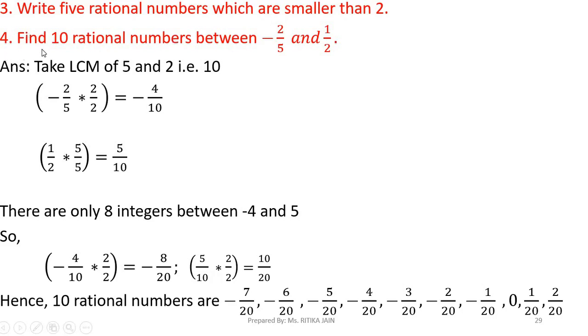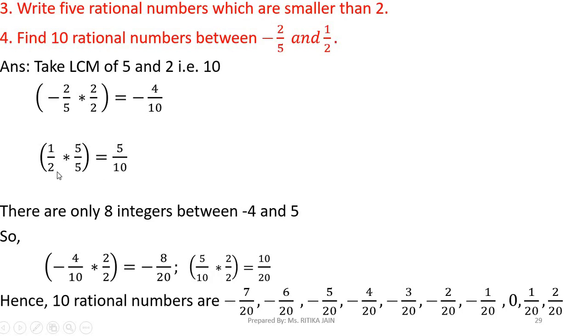Fourth question: find 10 rational numbers between -2 by 5 and 1 by 2. The first step is to take the LCM. The LCM of 5 and 2 is 10. Now, we have to make the denominator the same for both rational numbers. So, -2 by 5 into 2 by 2 will give us -4 by 10.